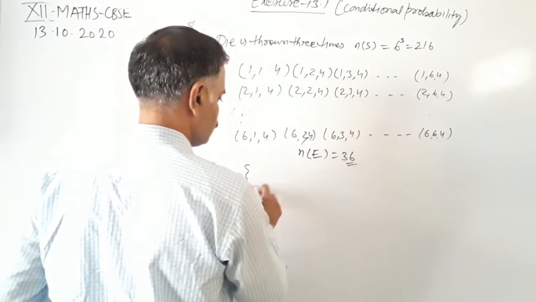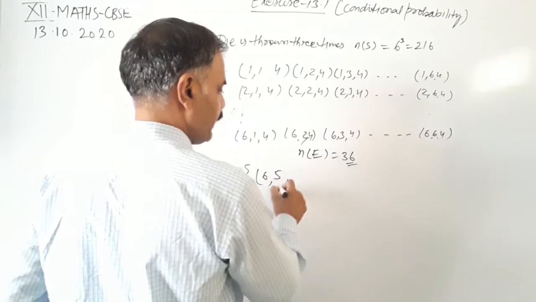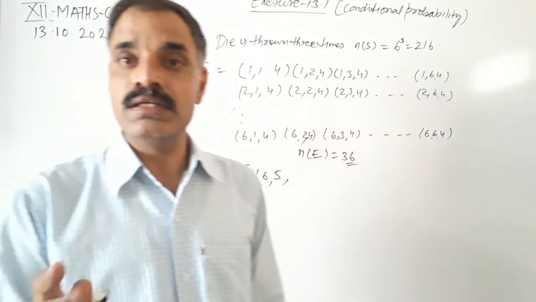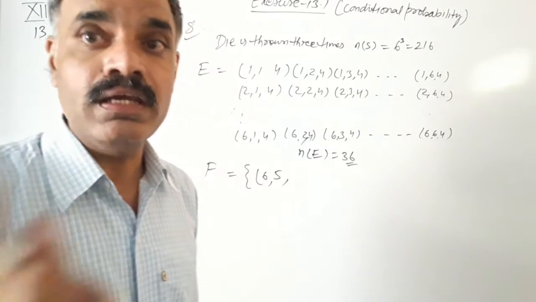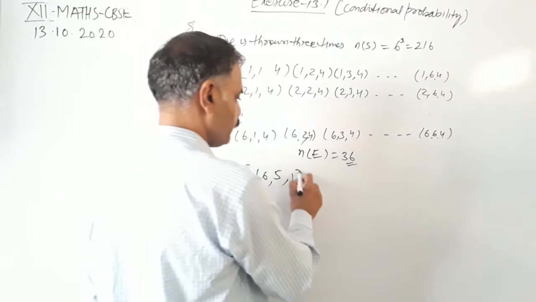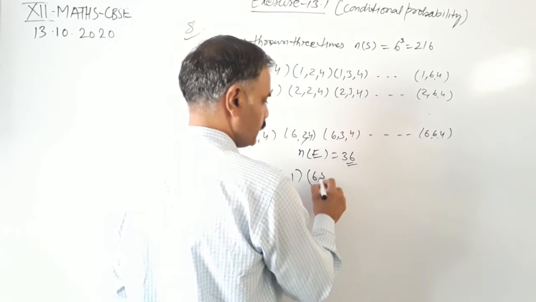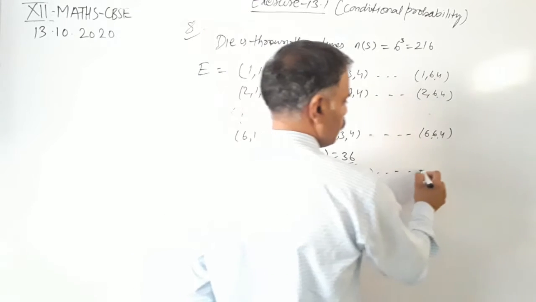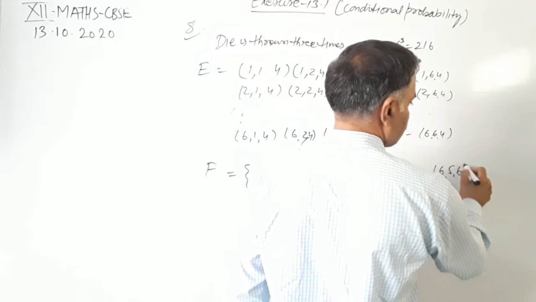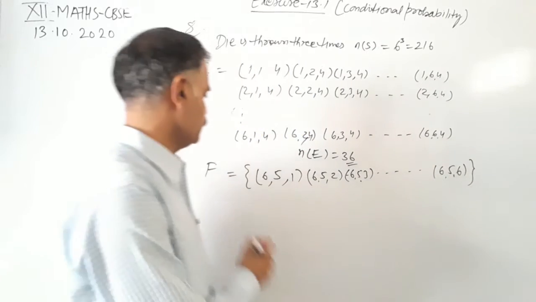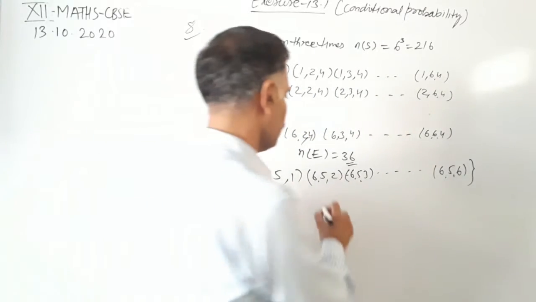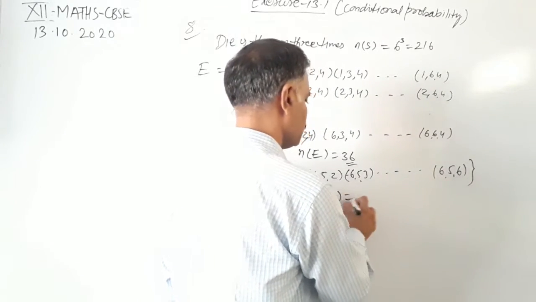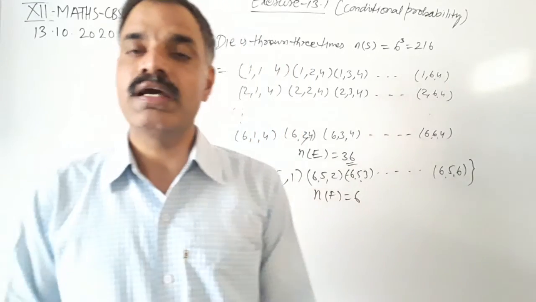Only the third toss will change. 6, 5, 1; 6, 5, 2; 6, 5, 3; and so on, 6, 5, 6. So this is F, meaning the number of elements in F is equal to 6.